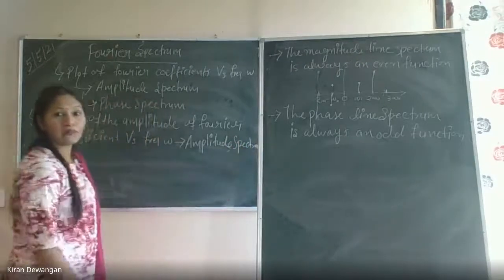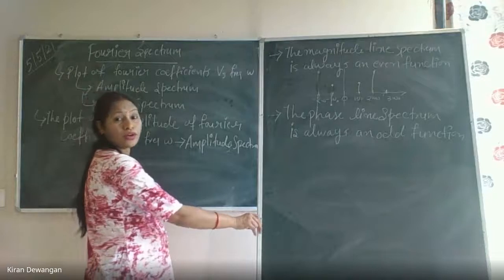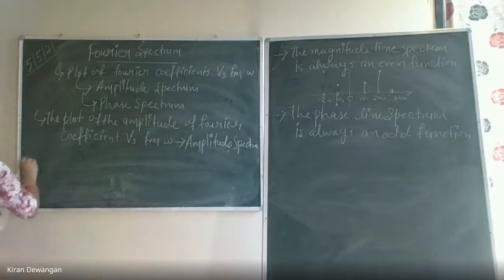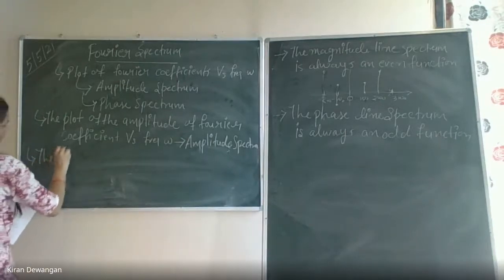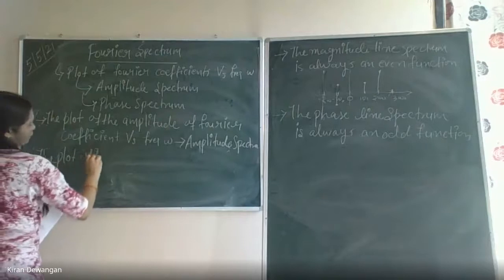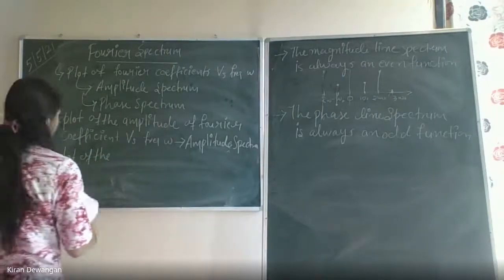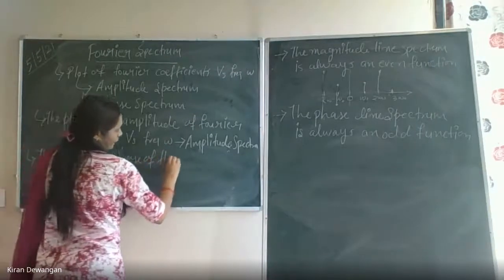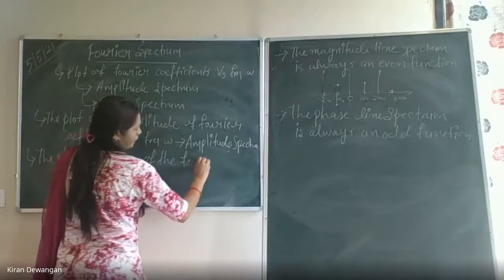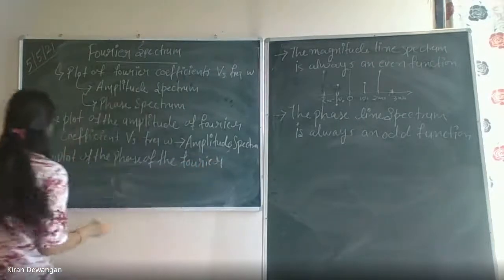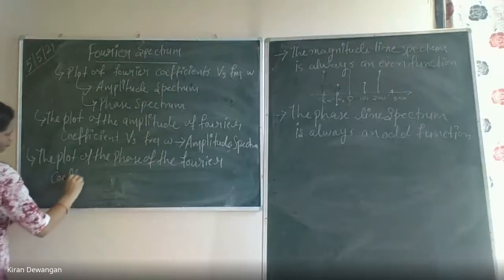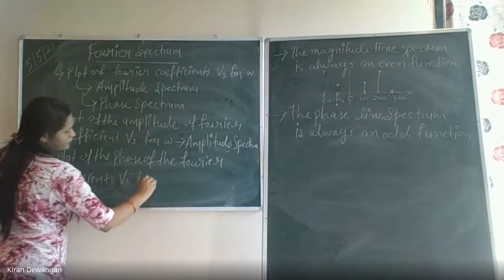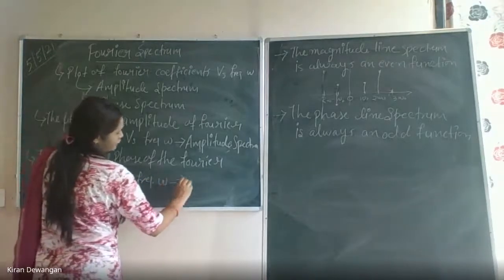We call it the amplitude spectra. Okay? So the plot of the amplitude versus frequency is the amplitude spectra, and the plot of the phase of the Fourier coefficient versus frequency omega is the phase spectrum.